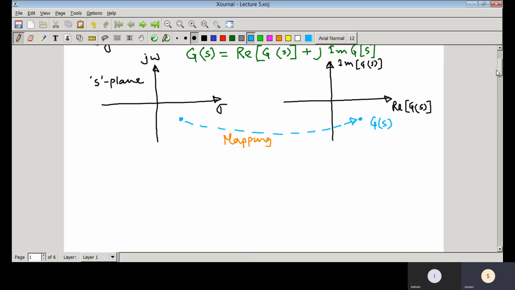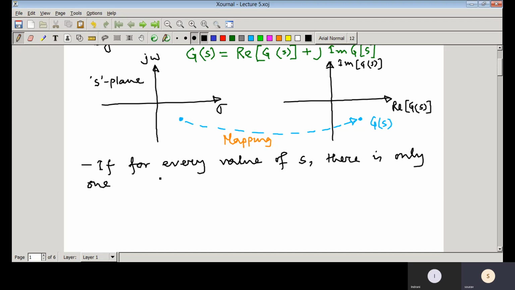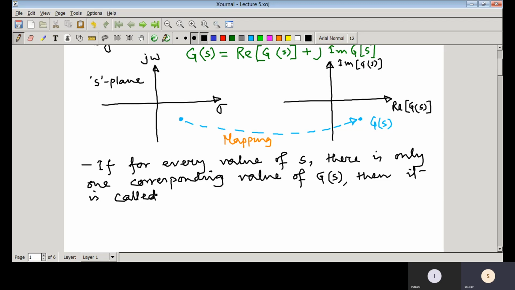If for every value of S there is only one corresponding value of G(s), it is called a single valued function.